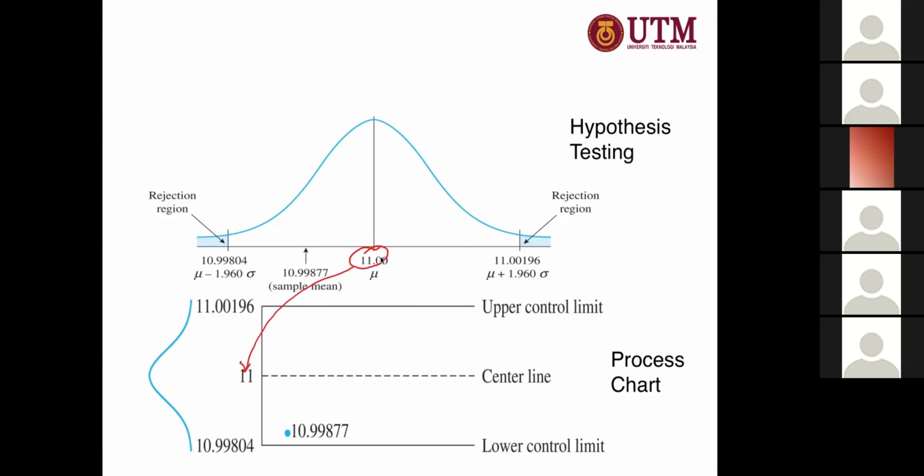And this upper limit is here. And this is the lower limit. So later I will show you how to calculate the upper limit, lower limit, and mean. But in this slide, I just want to share with you how does it look like from the normal distribution curve to the process chart.